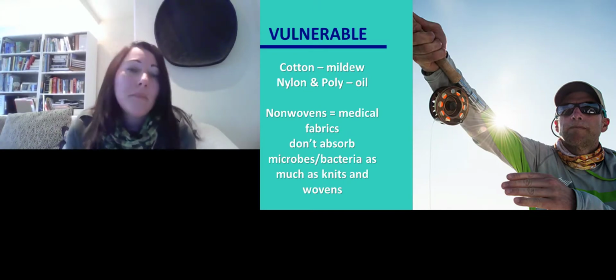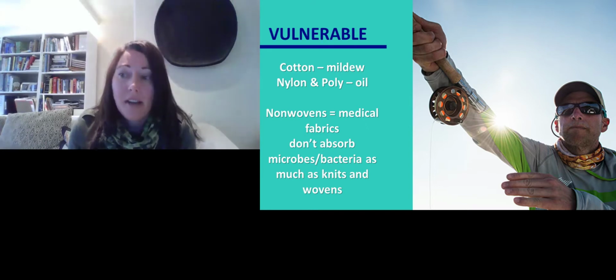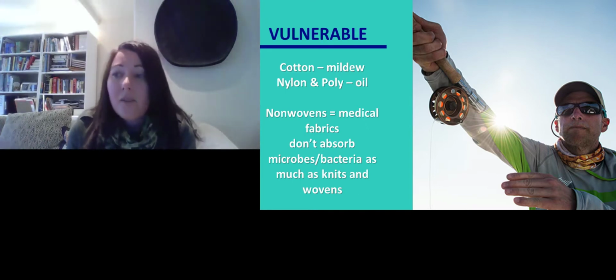Which fabrics are more prone to microbes and bacteria? Every day we are living and sweating and breathing in our textiles and in every surface area that we touch. And of course, it's not just about protecting ourselves, it's that microbes and microorganisms on textiles can speed up the degradation of that textile.